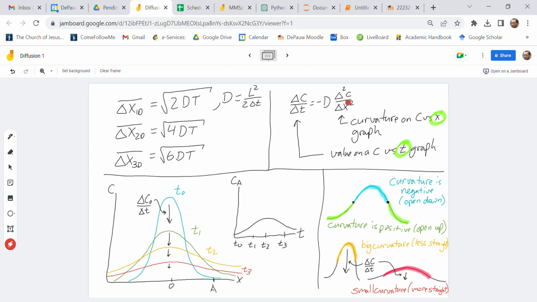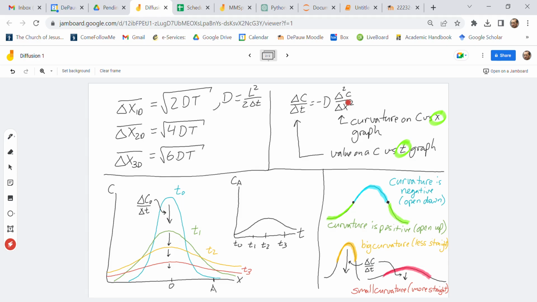So, for example, at T0, we're looking at everywhere along our axis. And so a drop of ink very close to the initial time you dropped it in is going to look kind of like this. There's a lot of ink right where you dropped it and very little farther away. That's what a concentration versus position graph would look like. How much concentration depending on where you're at in the space.